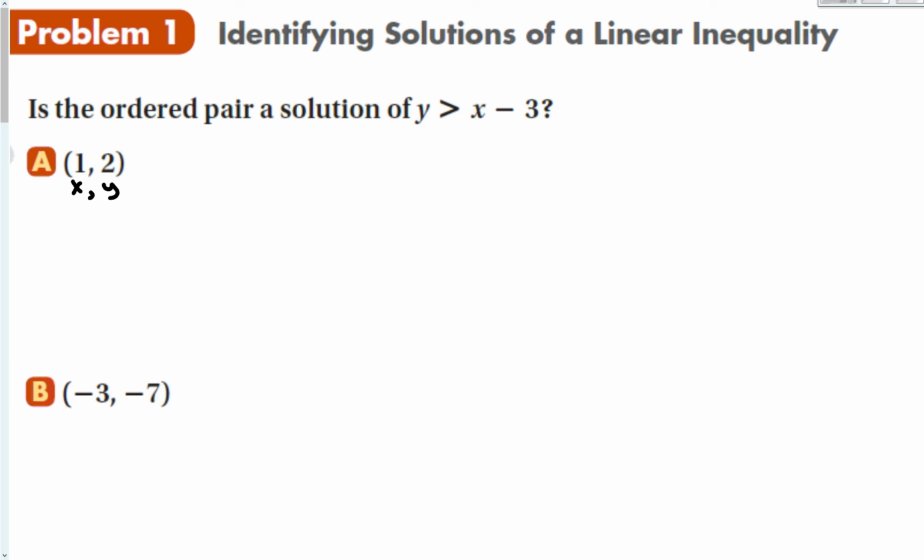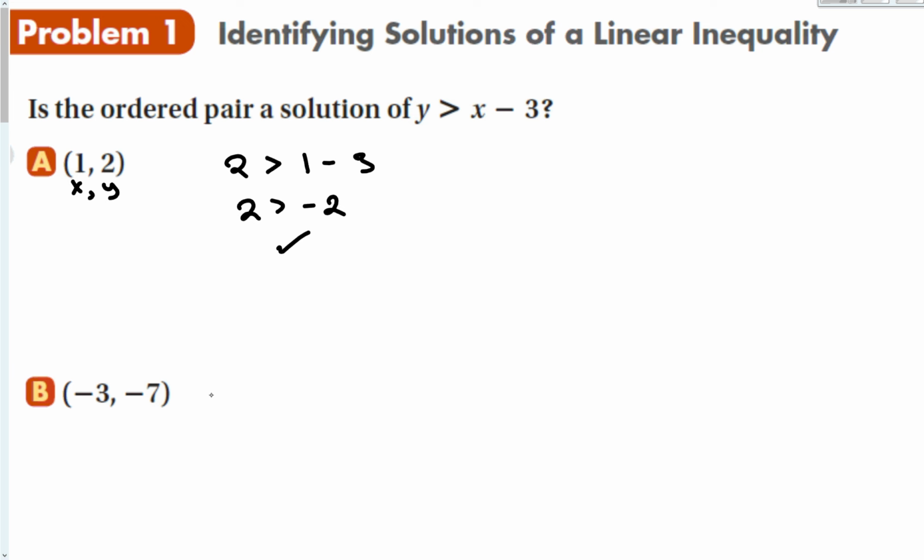So all we have to do is plug them into the inequality and see if we have a statement that is actually true. Is 2 greater than 1 minus 3? Well, 1 minus 3 is negative 2. 2 is greater than negative 2.